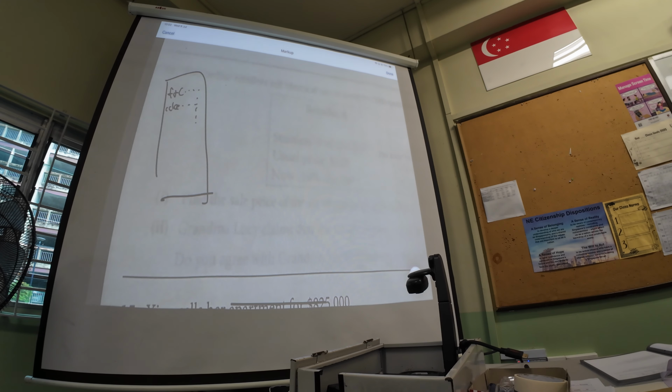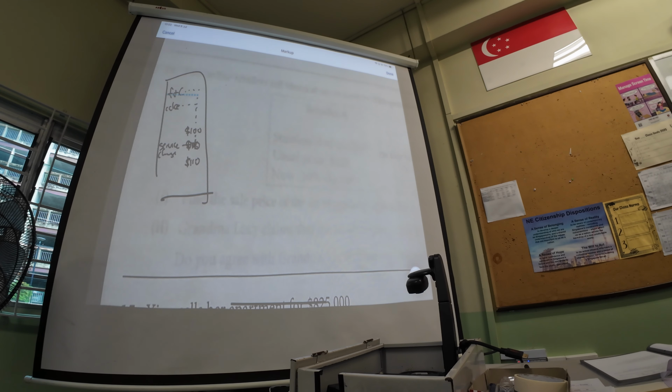They will give you maybe $100. Then they will write there service charge. Then they will calculate 10% of this $100. They put there maybe after 10% it is $10. Then they will add these two together.